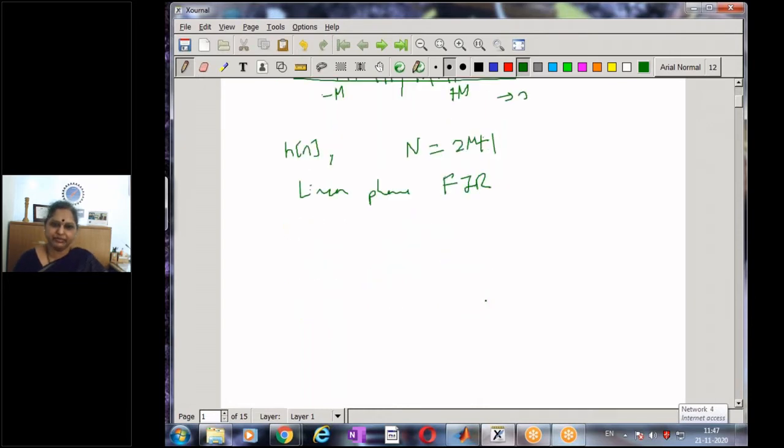But one drawback that we faced with the use of the rectangular window function was, suppose I'm designing, say, a low pass filter, say from minus pi to plus pi. This is the magnitude of H of omega.